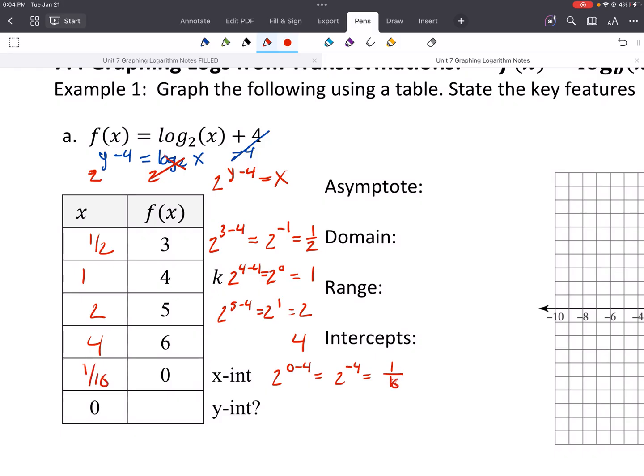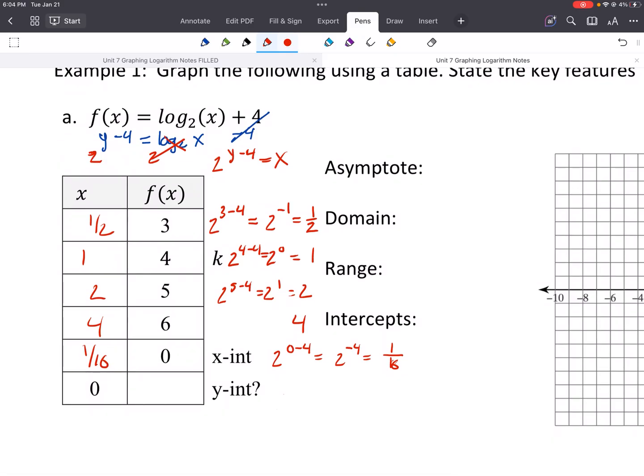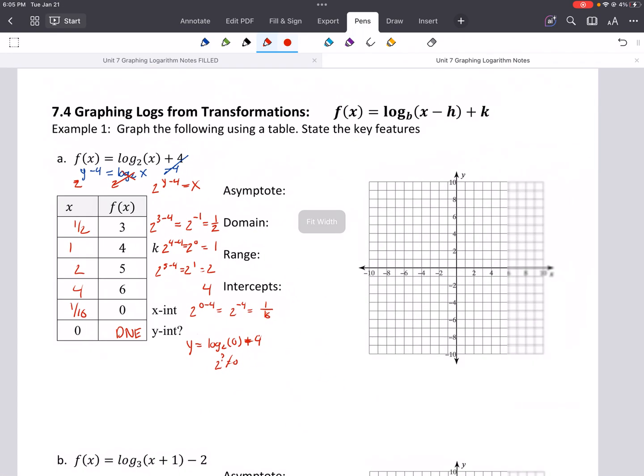If we were to plug in 0 for x, let's just go back to the original equation. Oftentimes when you graph it, you won't need to do this because you're going to see that it won't have a y-intercept. But if you wanted to do it by hand, we would say y equals log base 2 of 0 plus 4. And we'd say 2 to the what gives us 0, and there's nothing that would make that happen, so this one's DNE. But you'll also be able to see it when we just graph it.